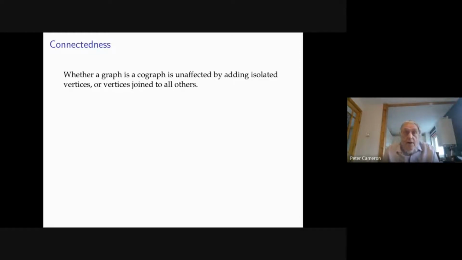And so if you're asking questions about connectedness, it makes sense to remove them. And in particular, if you're asking about connectedness of the complementary graph, then in the commuting graph, elements of the center will be isolated vertices. And again, we'll need to remove them.